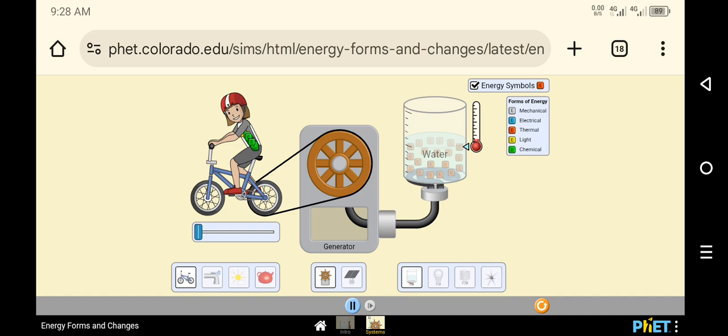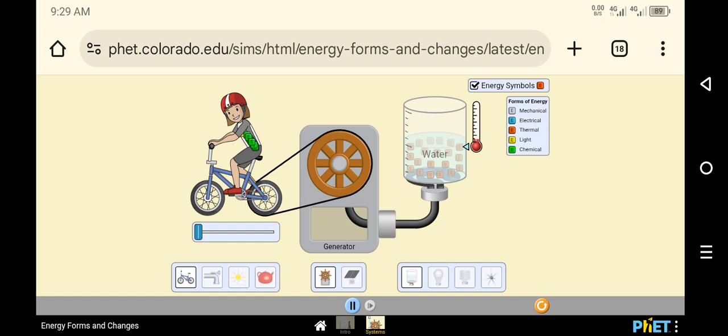When you eat food, Irish potatoes, sweet potatoes, cassava, whatever you eat, you are just consuming chemical energy. So that chemical energy will enable you to ride a bicycle.